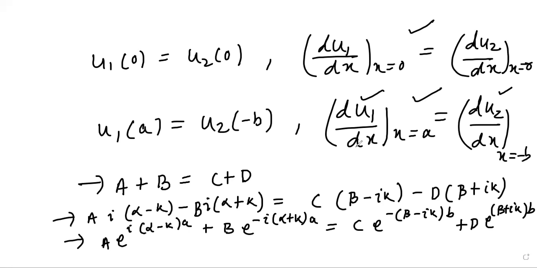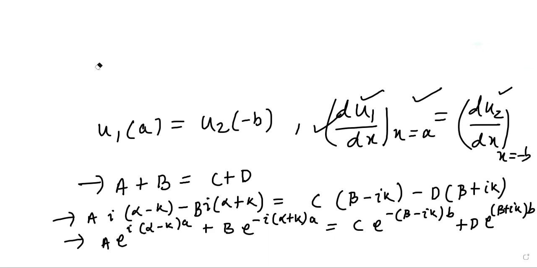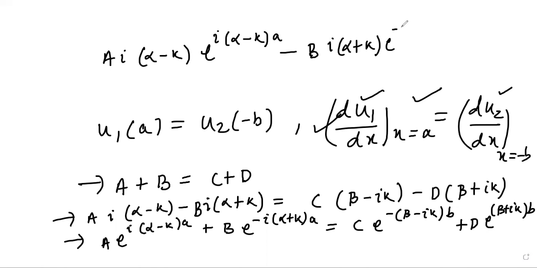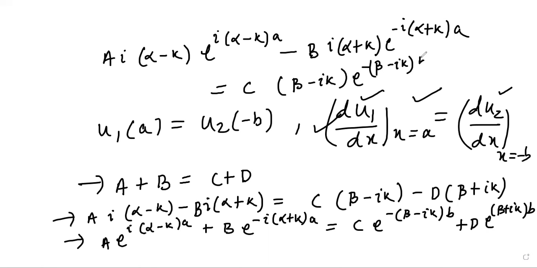And the fourth one, similarly taking the derivative, we can write the last equation: a times i(alpha minus k) e to the power i(alpha minus k)a minus b times i(alpha plus k) e to the power minus i(alpha plus k)a is equal to c times (beta minus ik) e to the power minus (beta minus ik)b minus d times i(beta plus ik) e to the power (beta plus ik)b.